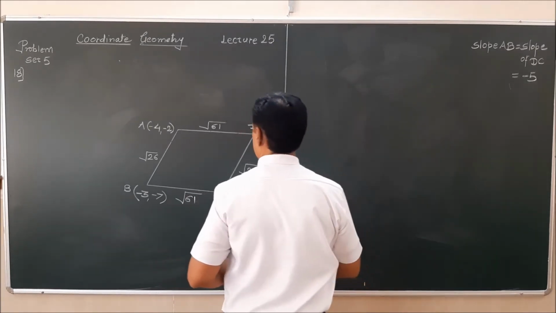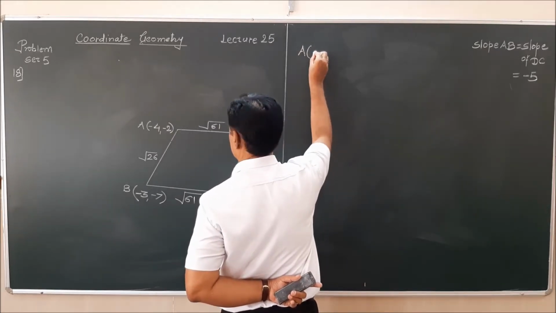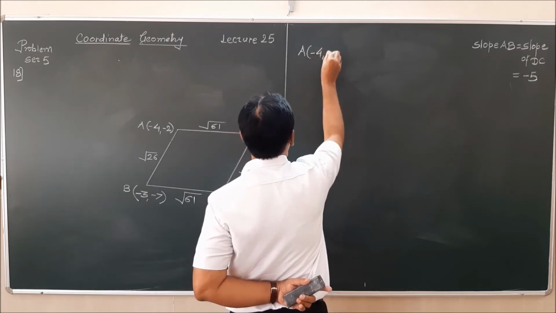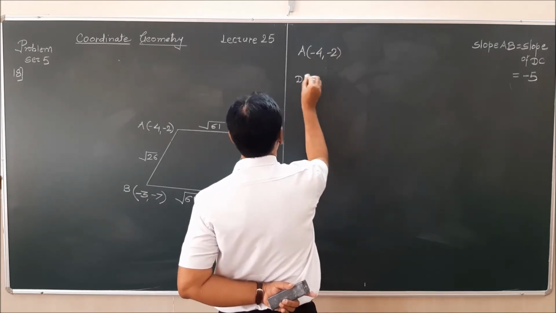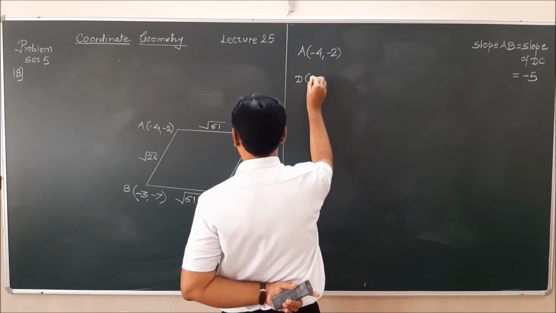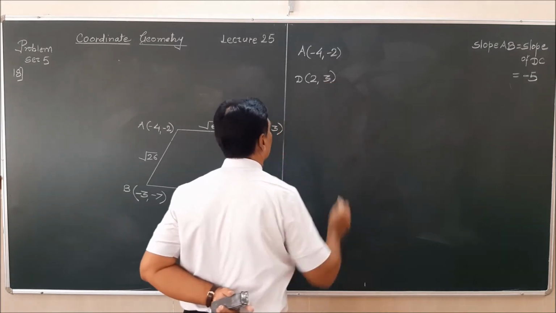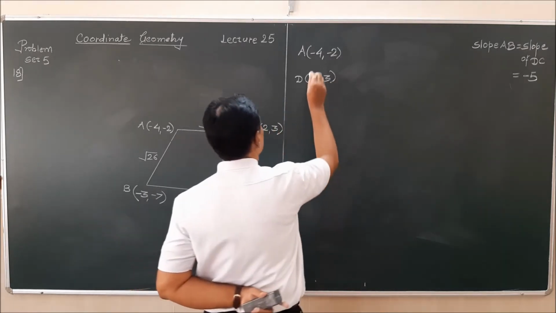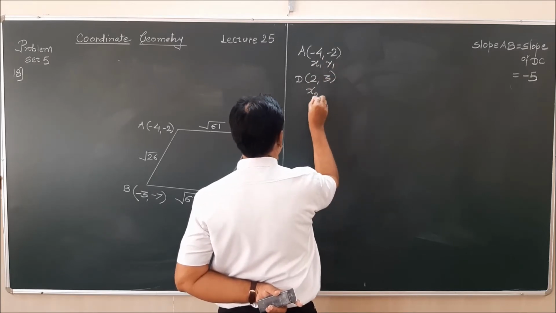Now slope of AD. Coordinates of A are minus 4 comma minus 2, coordinates of D are 2 comma 3, x1 y1, x2 y2.